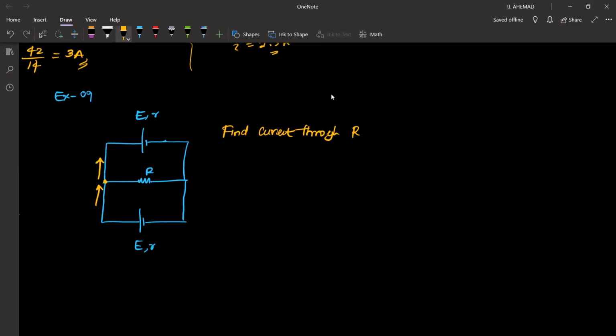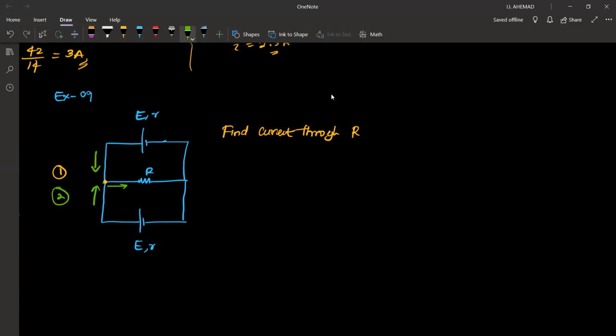So that is the first case, okay? The battery below will push current to the upper circuit. Or another possibility is both of them push current down and that current will flow through this. So that is case 2.